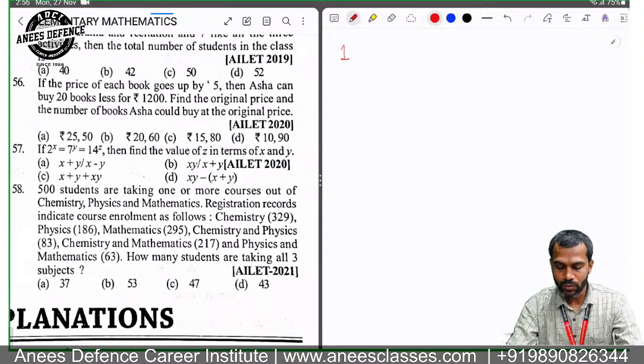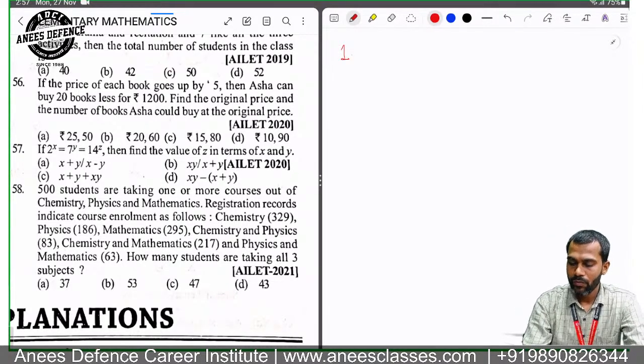Chemistry and physics 83, chemistry and maths 217, and physics and maths 63. How many students are taking all three subjects? Very easy. Venn diagram. We need to apply the formula. What is the formula?